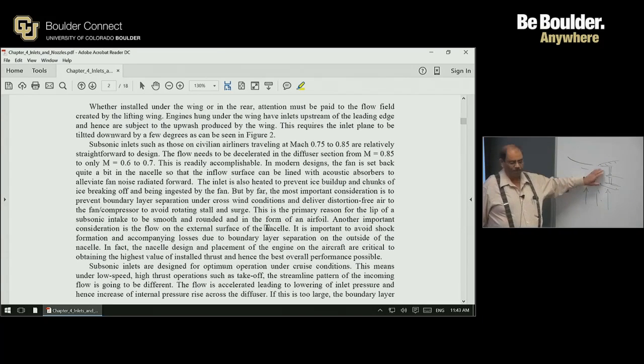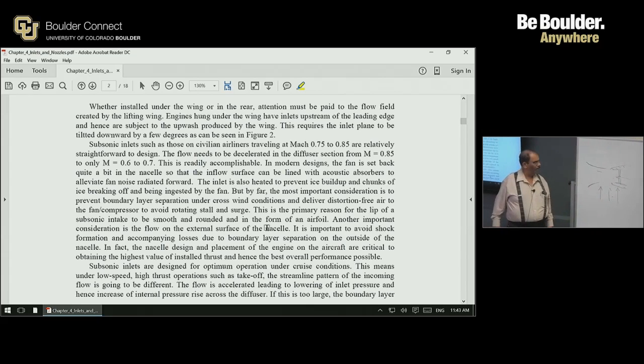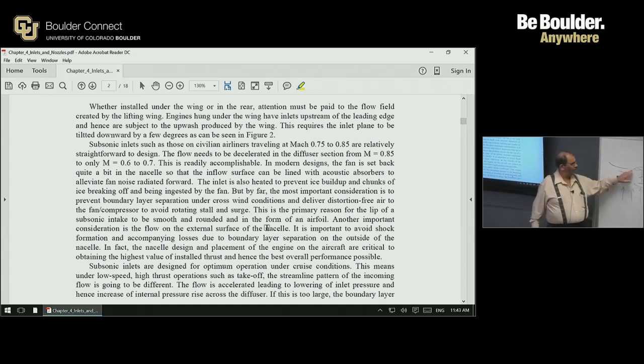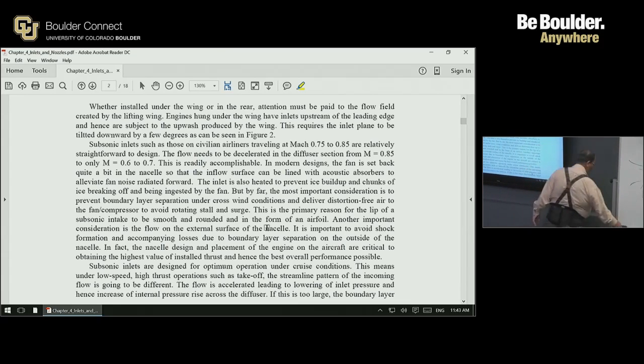This is simply to allow for the possibility of putting acoustic liners in the inlet so that they absorb some of the noise being radiated by the fan forward. Secondly, you can also install heaters there to prevent ice buildup.